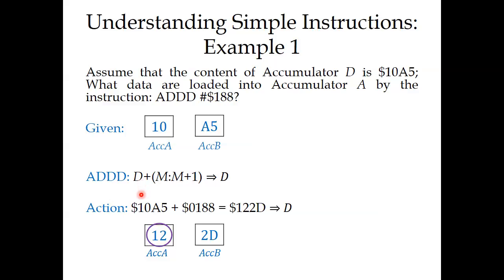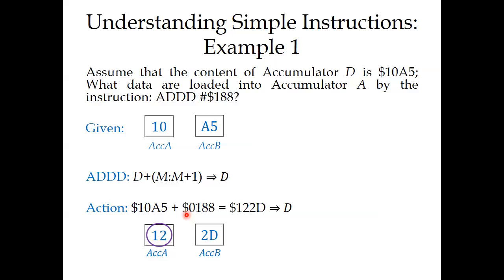So I actually did the operation in the next, under the action section here. At this point we know what we have in D is 10A5, right? Because that was given to us. And the 2 byte of data is also given in the instruction. If you go back to the instruction, you will see the 2 byte data which is given in the instruction is 0188, right?